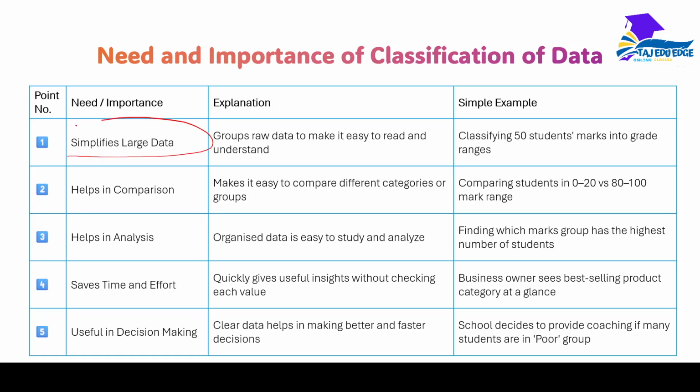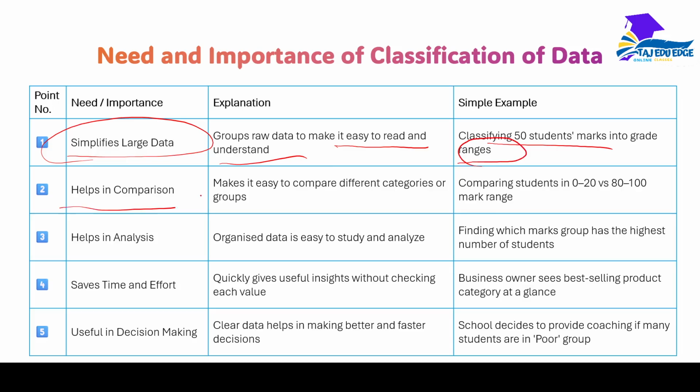Even if you have a large data set, it helps in simplifying it so that you can easily read and understand it. For example, classifying 50 students' marks into grade ranges helps in reducing the data, right? We can easily, quickly understand it.